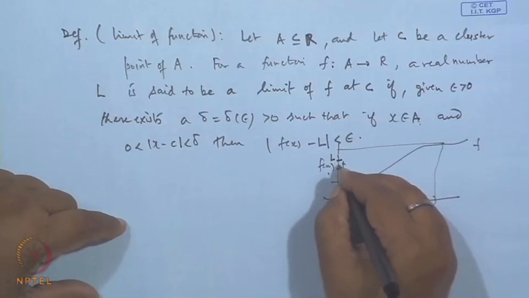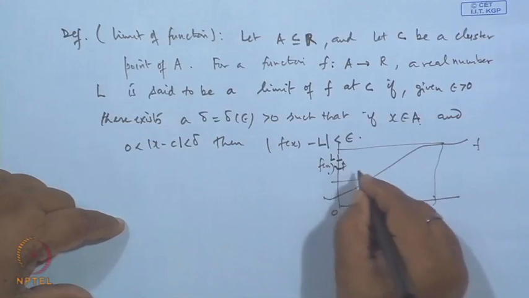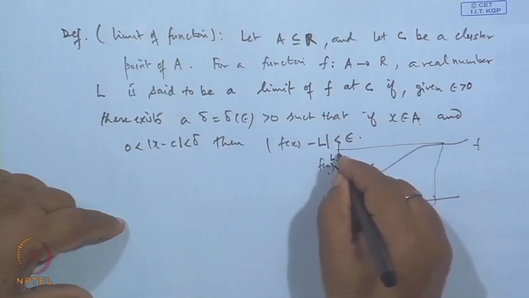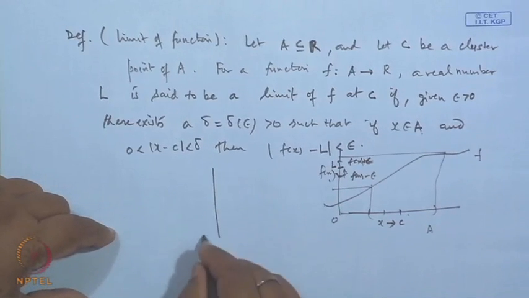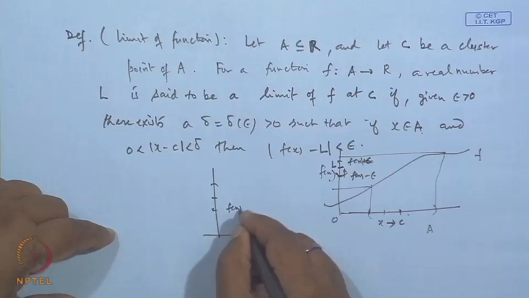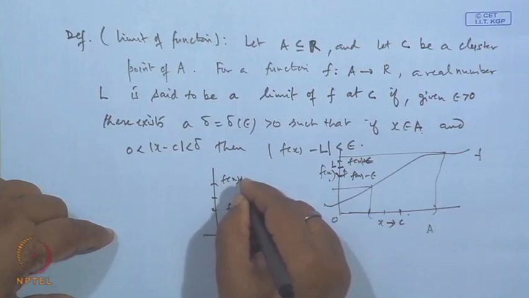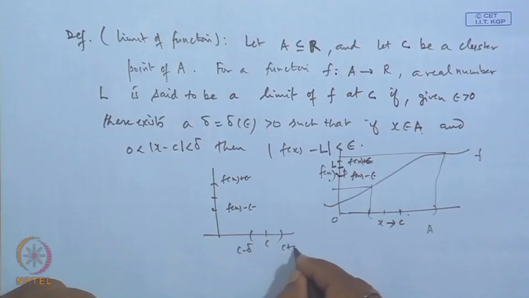So, if I take an epsilon neighborhood around the point L, that is L minus epsilon, L plus epsilon, and here is c, with c minus delta, c plus delta.